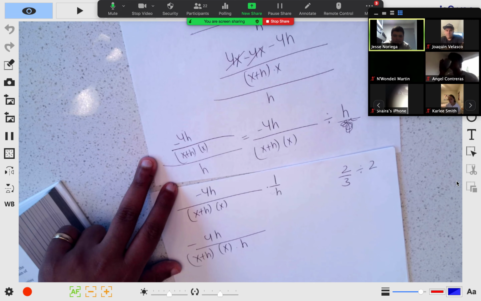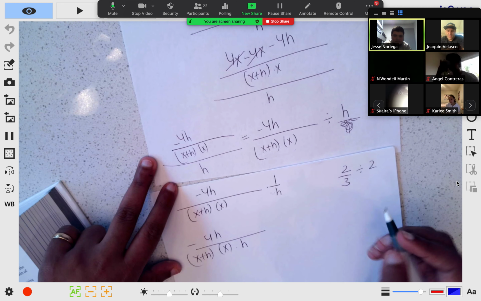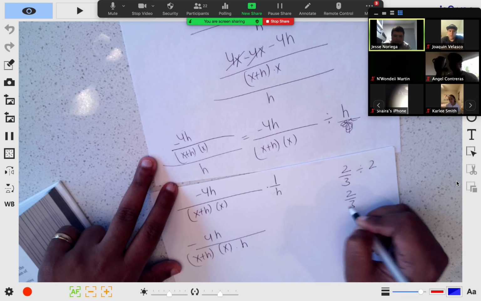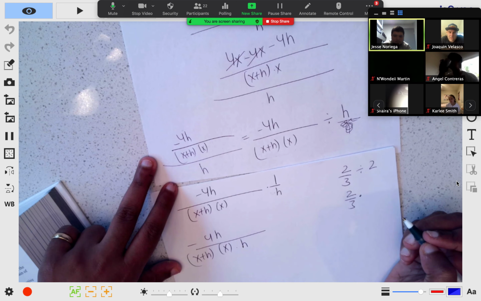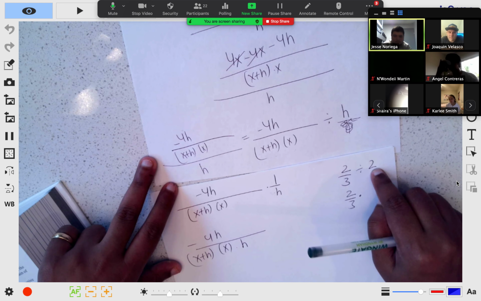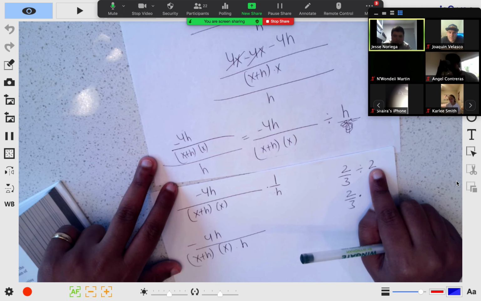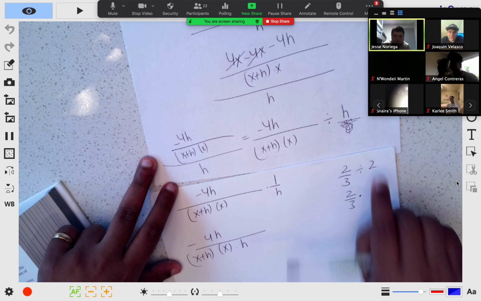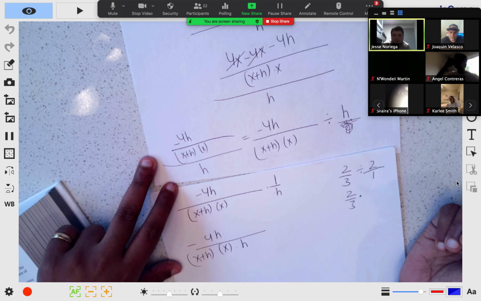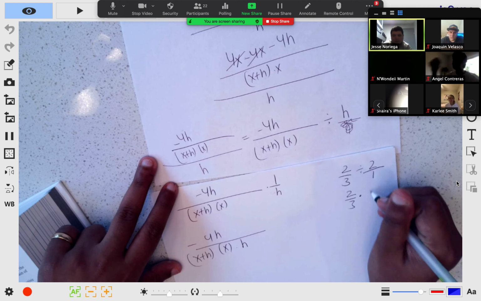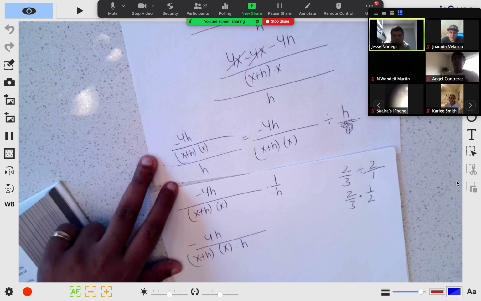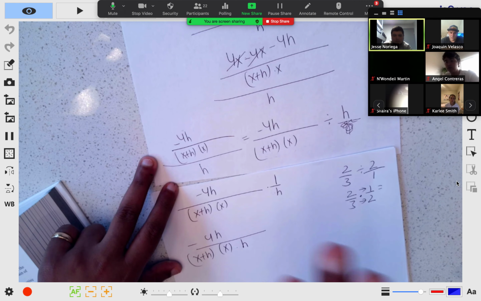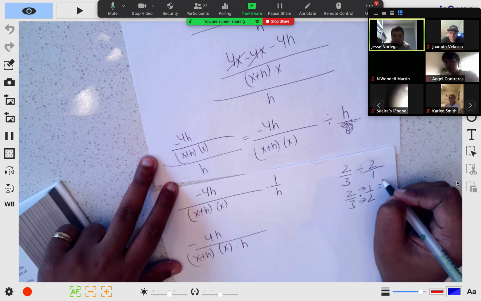When you have to divide fractions, division changes into multiplication, and then you flip the other number. You're like, there is only 2, how can I flip it? If there is nothing at the bottom, there is actually 1. So you flip it, it becomes 1 over 2, and then you multiply directly. Numerators and denominators, it becomes 2 over 6.